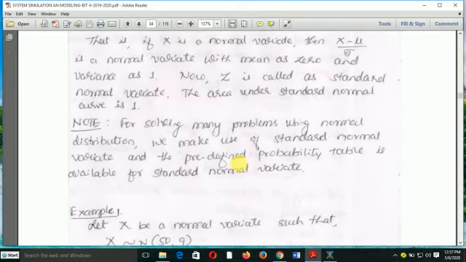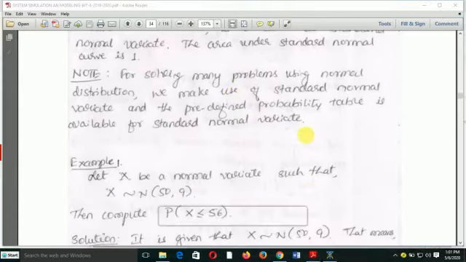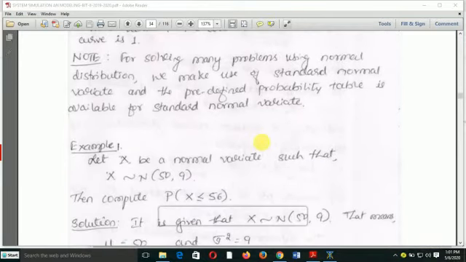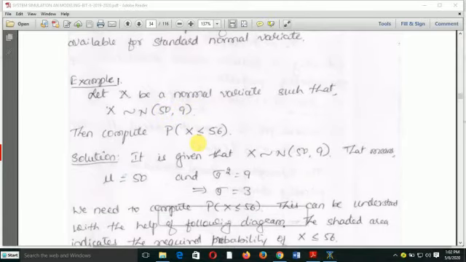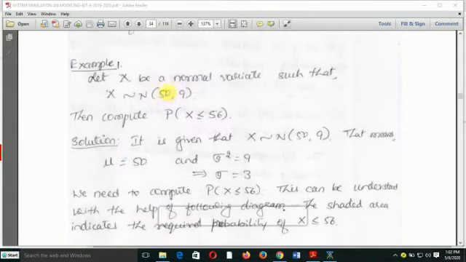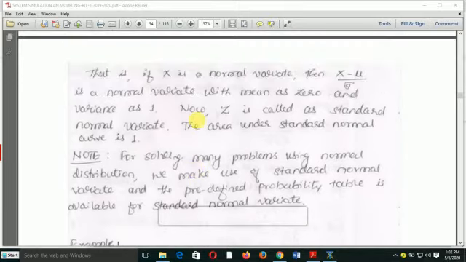We will check the values through the table to know what the results are. Let's have an example. Let x be a normal variate such that x is distributed as N(50, 9).